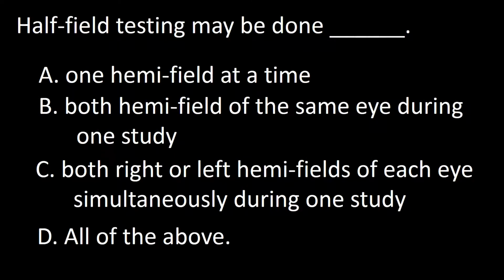Next question. Half field testing may be done A. One hemifield at a time. B. Both hemifield of the same eye during one study. C. Both right or left hemifields of each eye simultaneously during one study. D. All of the above.